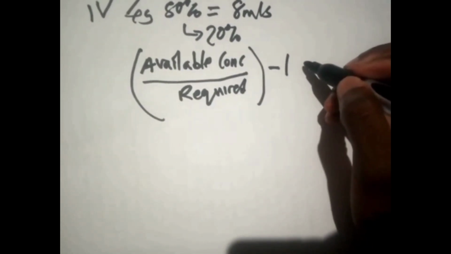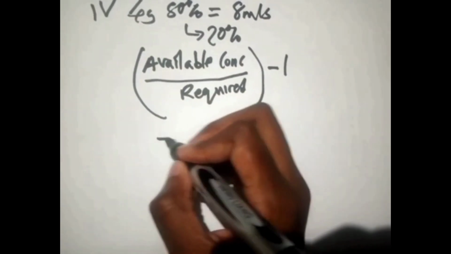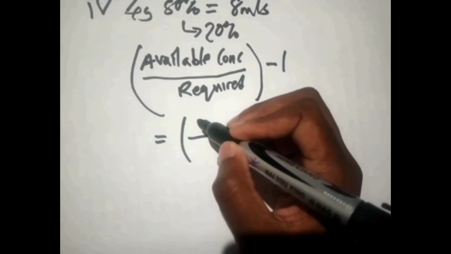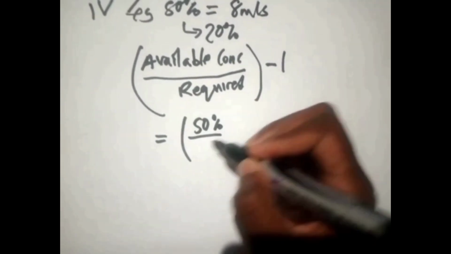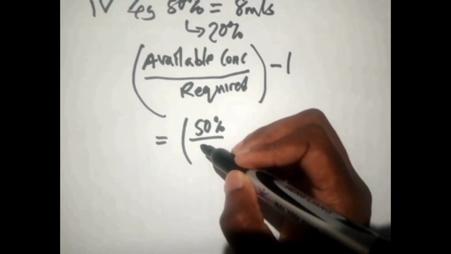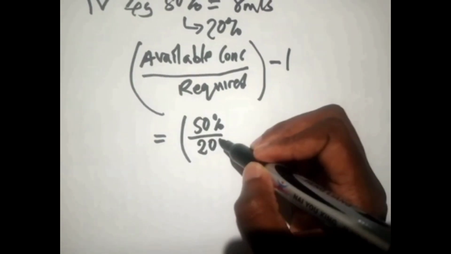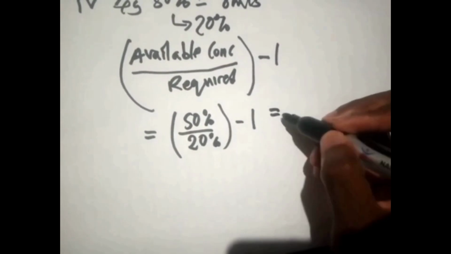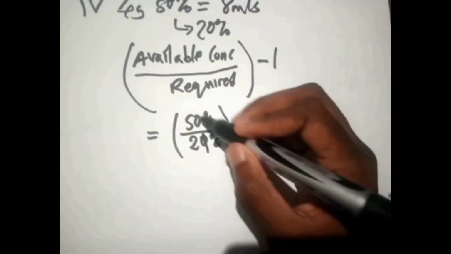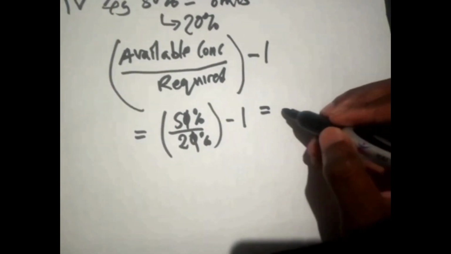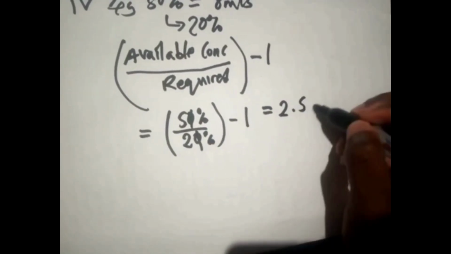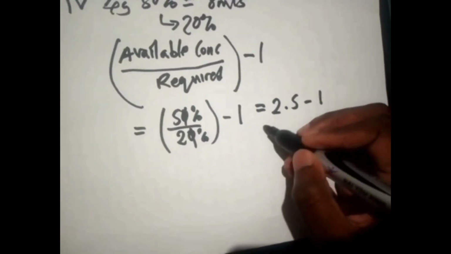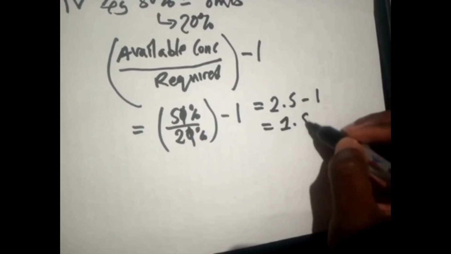So the available concentration in our setup is 50, then the one we want is 20%. So 50 over 20 is going to give us 2.5 minus 1, which is going to be equal to 1.5.